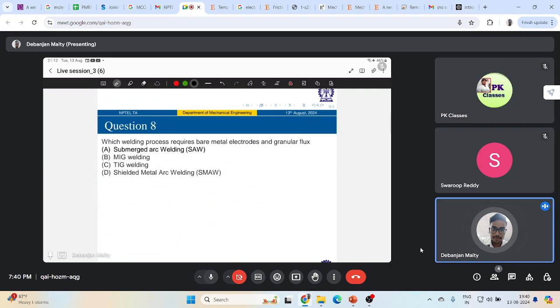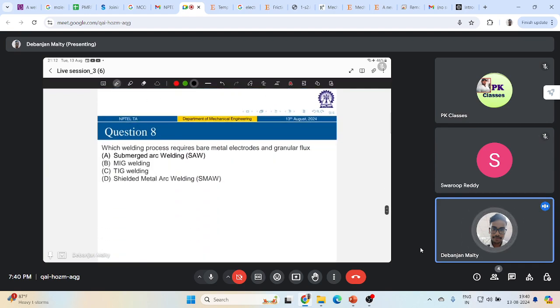Which welding process requires bare metal electrodes and granular flux? As you know the answer, of course. So, what is the correct one? Submerged arc welding, right? This is a process that melts and joins metals by heating them with an arc, which will be established between a consumable wire electrode and the metals.